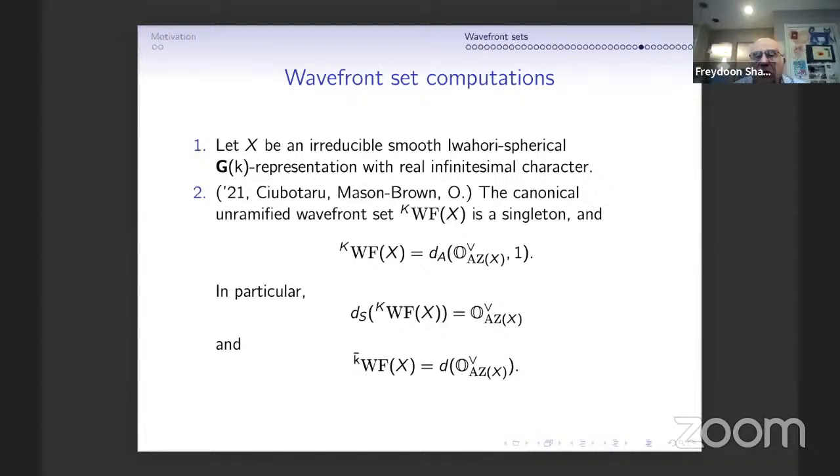This real infinitesimal character condition that you have seems to be serious, right? You can't do the cases of E7 and E8 because of that. Yes, that's exactly right. It is a serious issue, like you say. The hope is in our future research to extend it to the non-real infinitesimal character case, and we have a couple of ideas on how to do it. It's going to have to be non-trivial because of this issue that you mentioned.